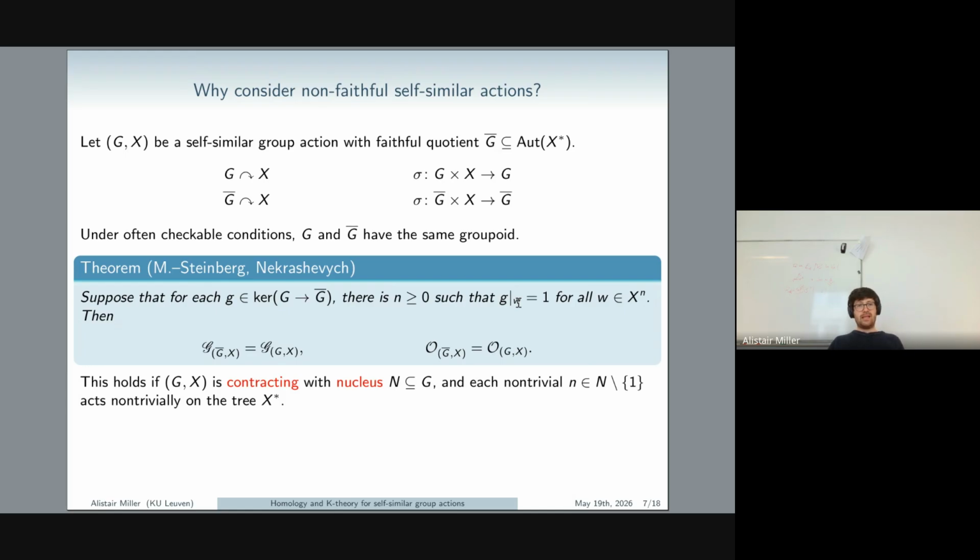Now there's a special class of self-similar groups, or self-similar group actions. They're called contracting self-similar groups.